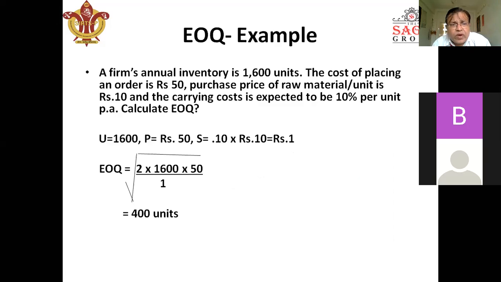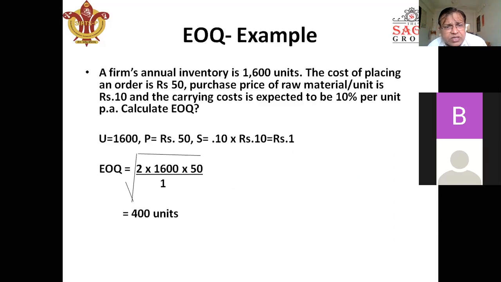Now, EOQ examples. Just some numerical also will come. Just see the example. A firm's annual inventory is 1,600 units.